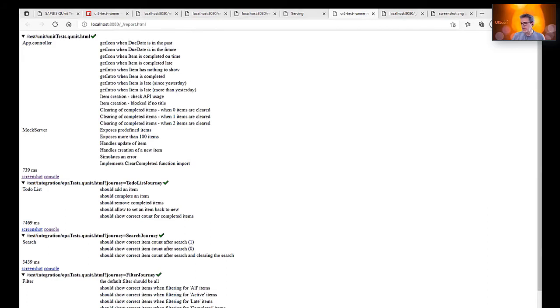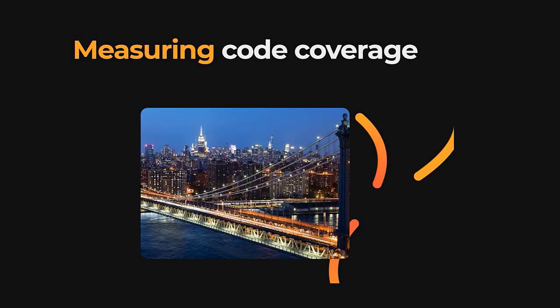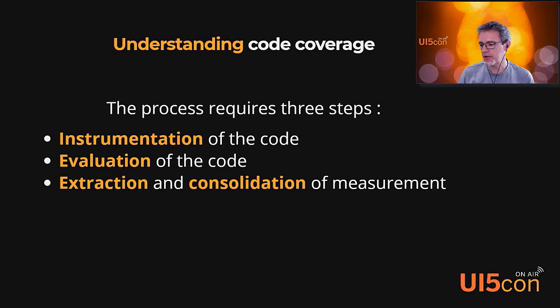So that's about executing the test in parallel. But we're still missing one thing to be fully compliant with what Karma is doing. That is the code coverage measurement. So to measure the code coverage, I actually have to explain you what it means measuring the code coverage. So the process requires 3 different steps.